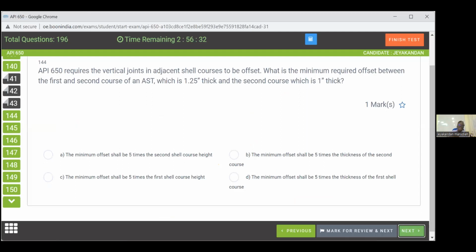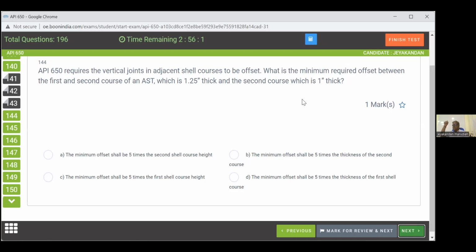API 650 requires vertical joints in adjacent shell courses to be offset. What is the minimum offset between the first course, which is 1.25 inches thick, and the second course, 1 inch? What should be the staggering offset between the longitudinal welds, 5 times 1 inch or 5 times 1.25?